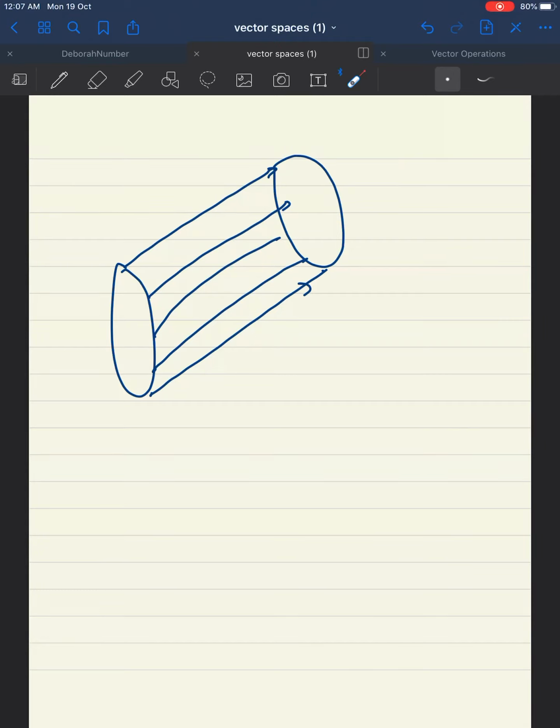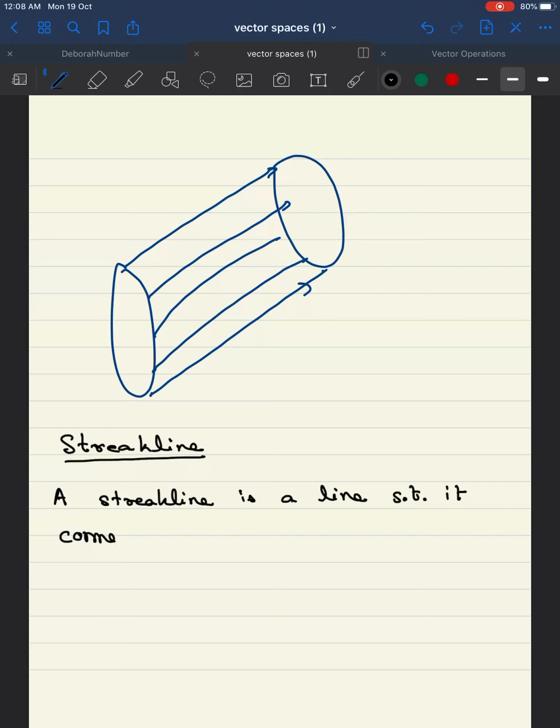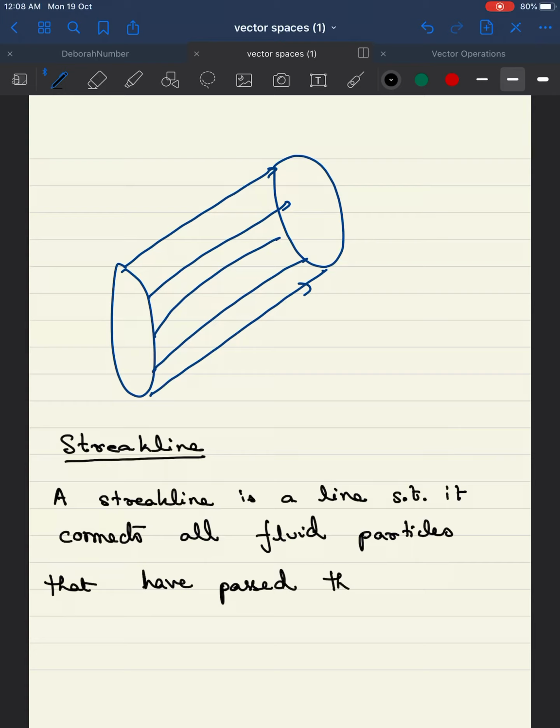And the definition here then would be that a streak line is a line such that it connects all fluid particles that have passed through the same point. Remember the video showing the hydrogen generation and how that was forming a line.